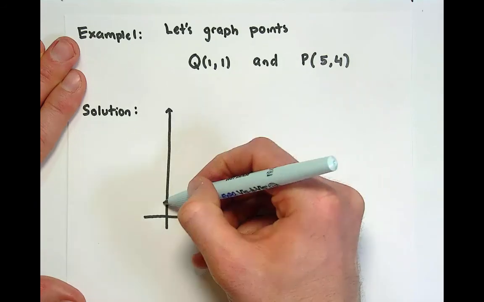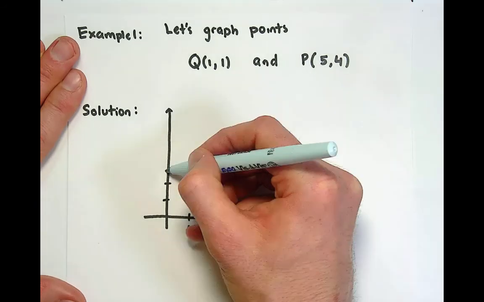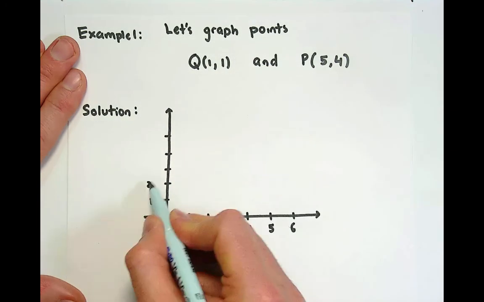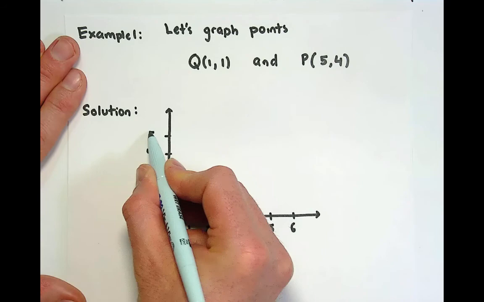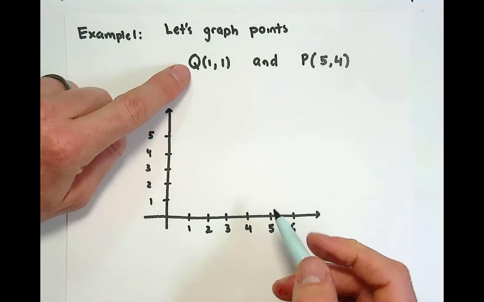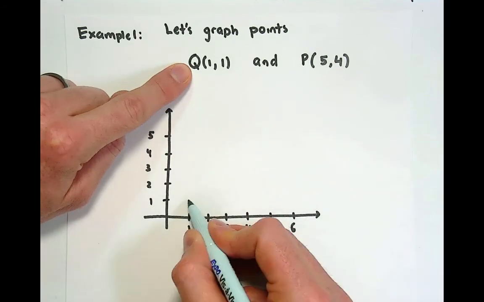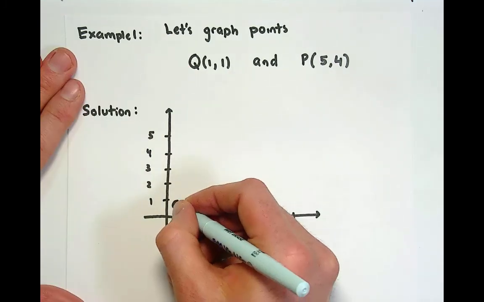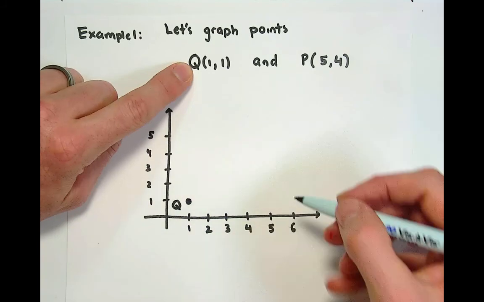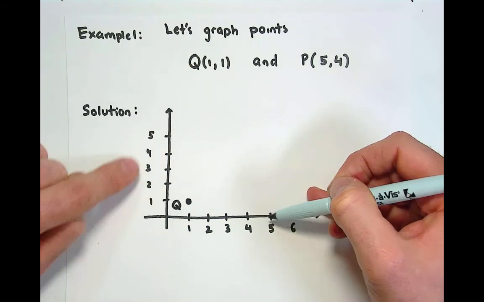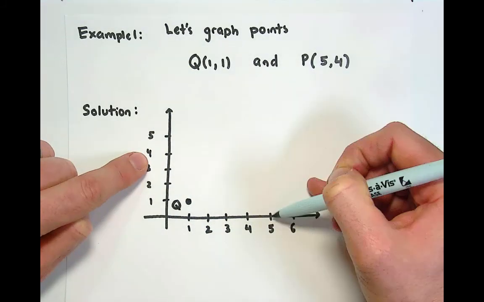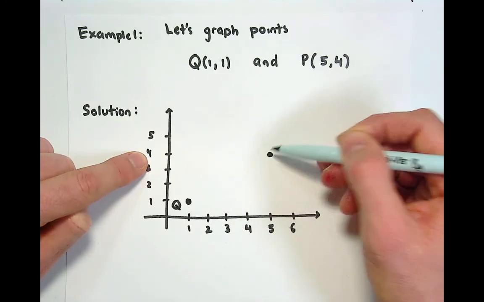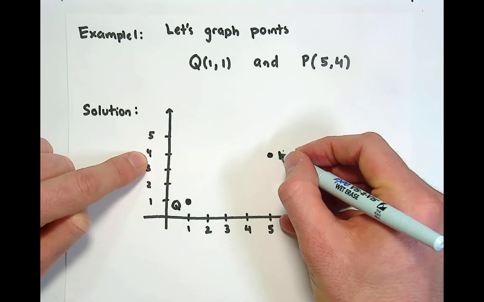First point, we go 1 over and 1 up. We call this point Q because we were told that was what the point was called in the problem. And then the second point, P, we went 5 and 4. And it looks like that's going to be right about there. So this is going to be P.